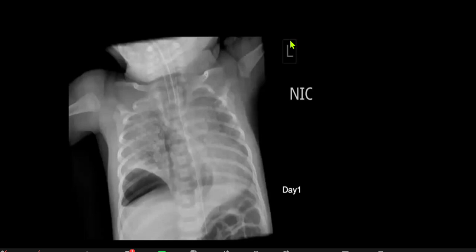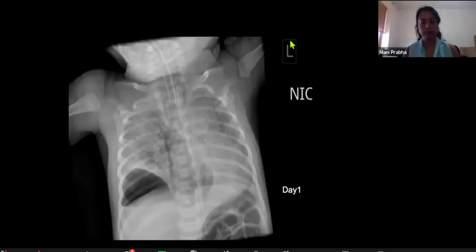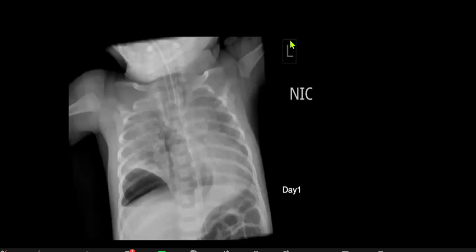There are quite dense lungs bilaterally with a well-defined area of lucency in the right lower zone. I can't see the heart shadow very well due to the increased opacification in the lungs. And I'm told this is a day 1 child.